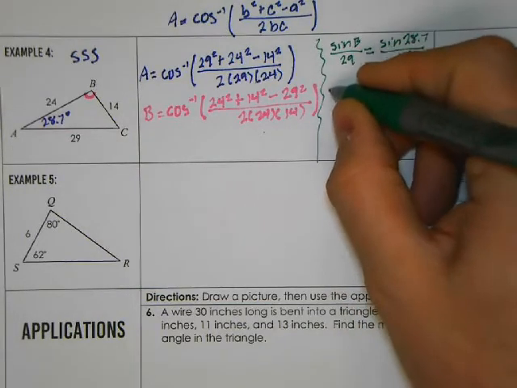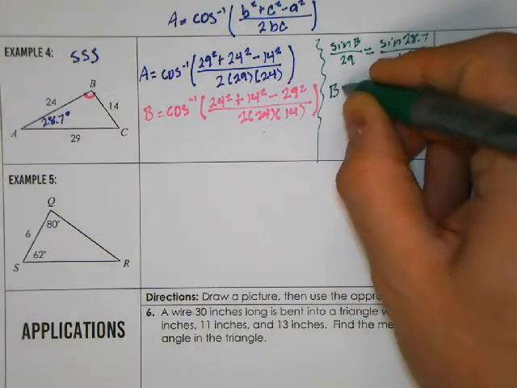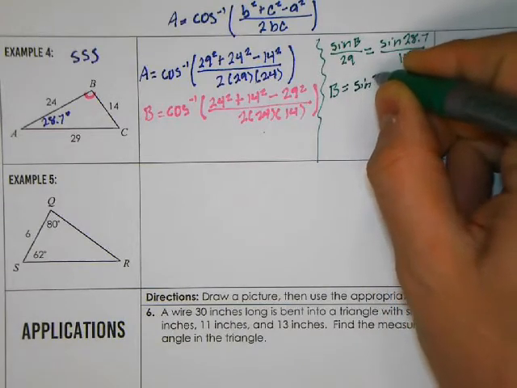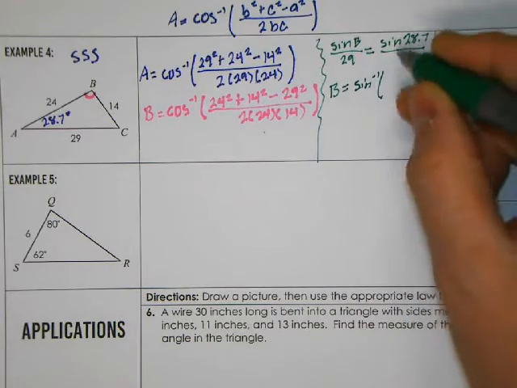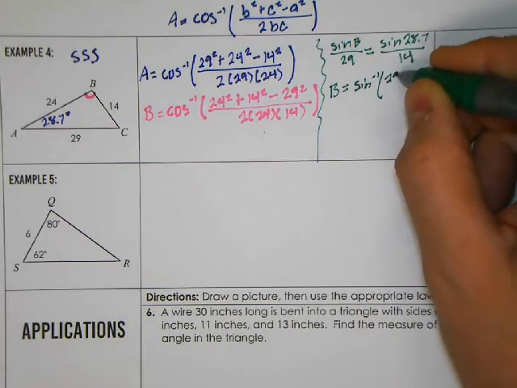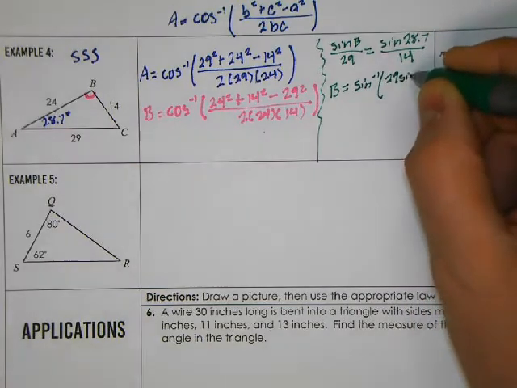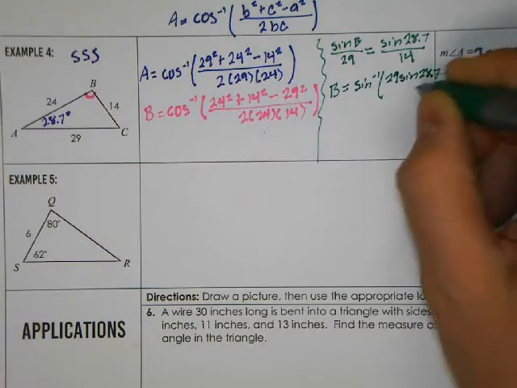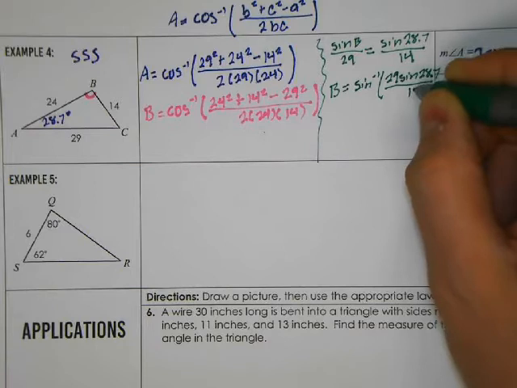So that means B, when I do my cross multiplication and whatnot, is going to be the inverse sine of 29 times the sine of 28.7, running out of space here, over 14.